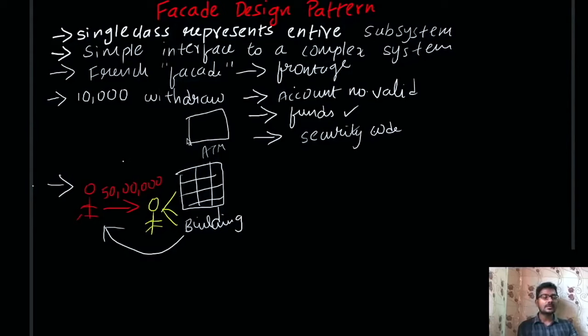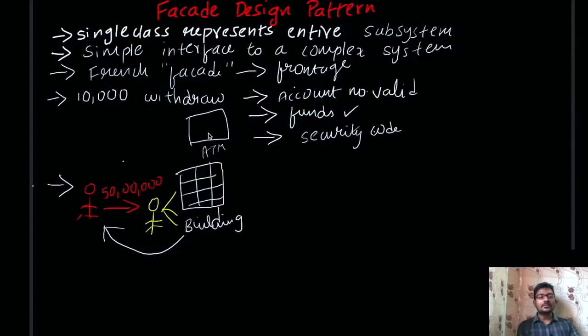The first real life example is the ATM. If you are trying to withdraw some amount from an ATM, for example 10,000 rupees, you insert your bank debit card into the ATM and give the required password, which means passcode.